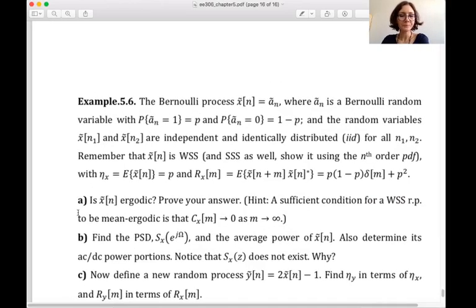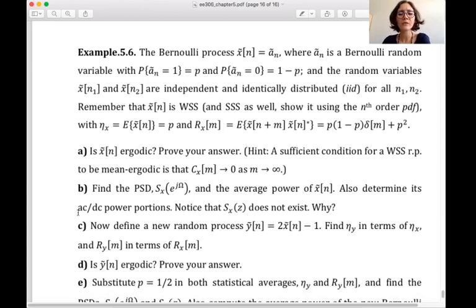So now, without having to go into those stochastic convergence considerations, what I propose is the following hint to solve this exercise very simply. So let's look at what this hint tells us. A sufficient condition for a wide sense stationary random process to be mean ergodic is that the autocovariance function converges to 0 as m goes to infinity.